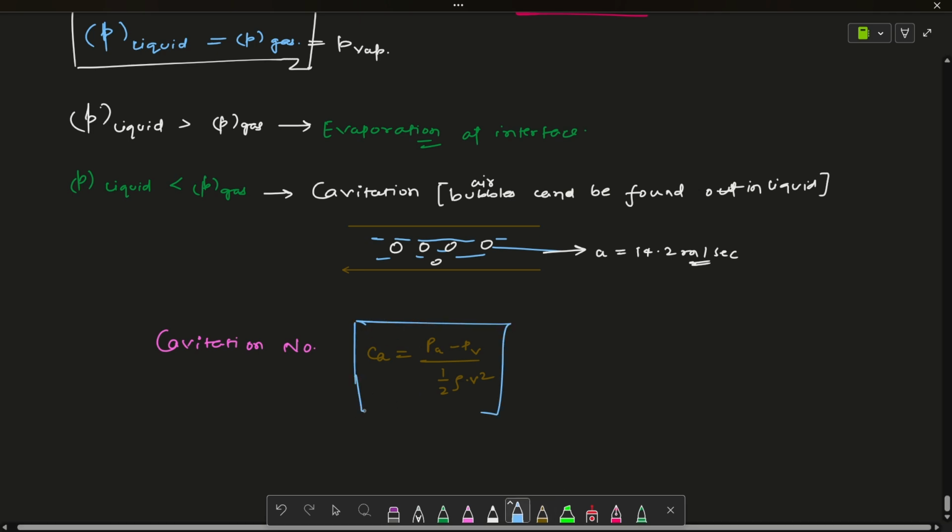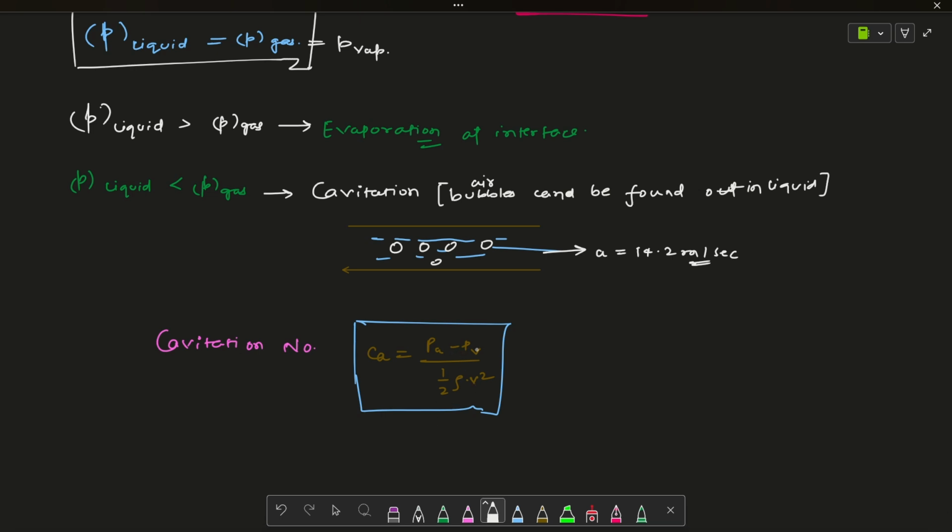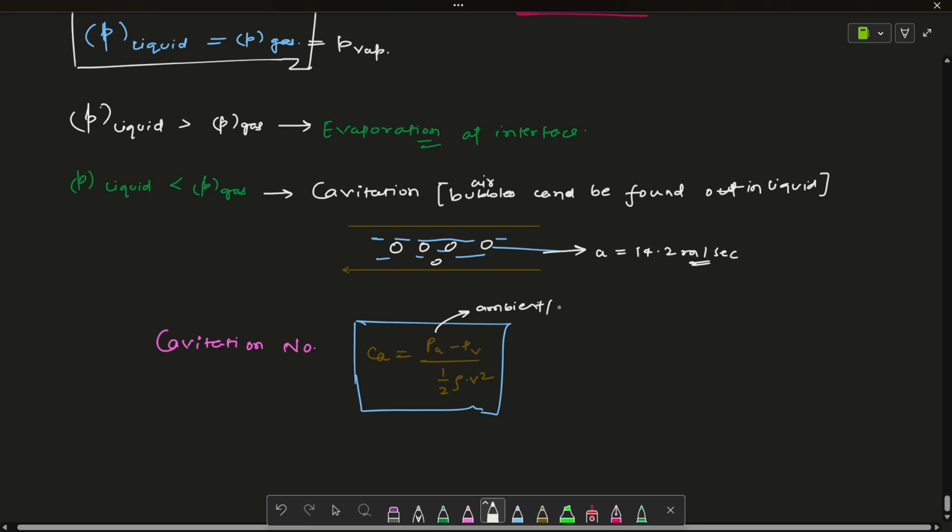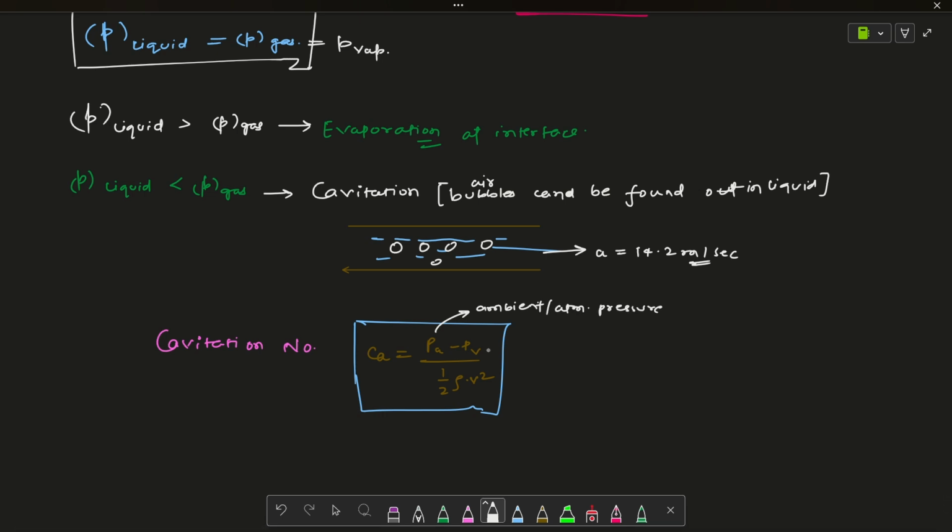So if flow is moving with the velocity V, V is the velocity of the flow, rho is the density of the fluid, Pa is the ambient or atmospheric pressure, and Pb is the vapor pressure of the fluid, okay.